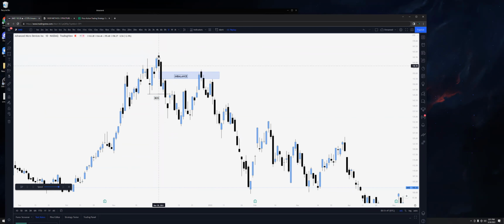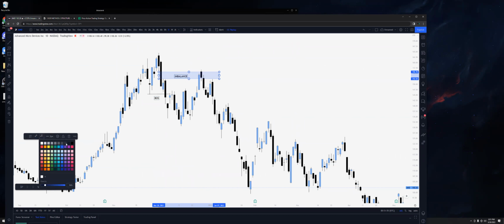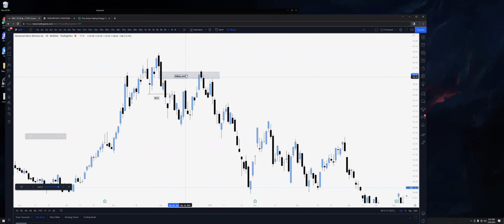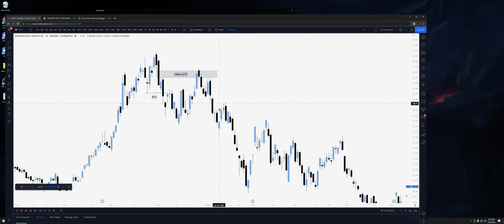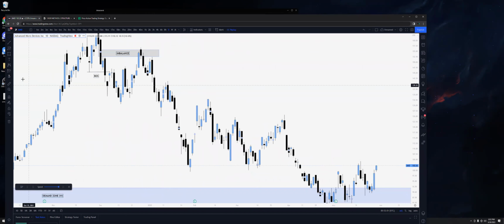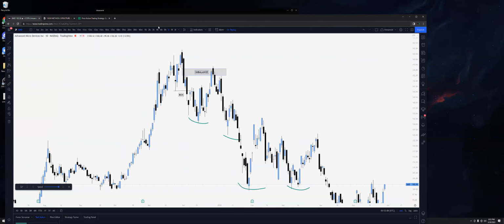Do you see any imbalance up here? No, you did not. The only imbalance you see here, that's where price just stopped at. Right here, got rejected. And all this was really doing was what? Lows, lows, and lows. Lower lows, lower lows, lower lows. That's it.